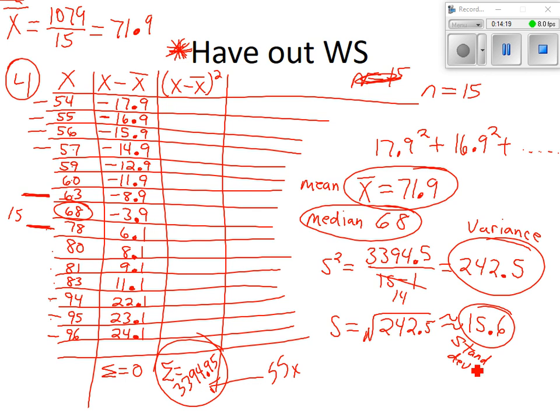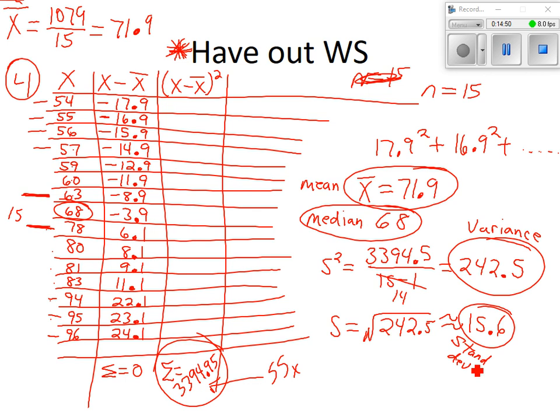So if we have this graph, this is our mean. This is key for stuff we're gonna do as stuff gets harder throughout the year. It's key that you understand this graph. If this is a symmetric graph, or if it fits that bell curve, then we know that from here to here is 34% of all the data. From here to here, 34% of all the data.